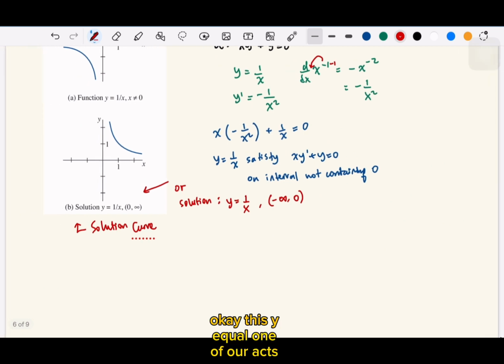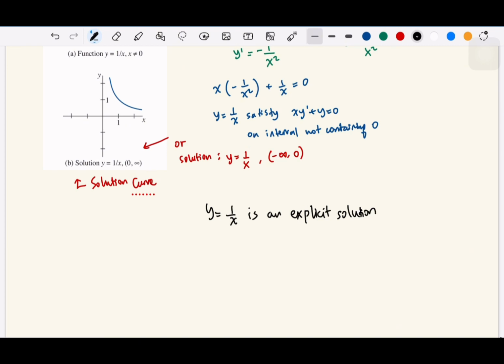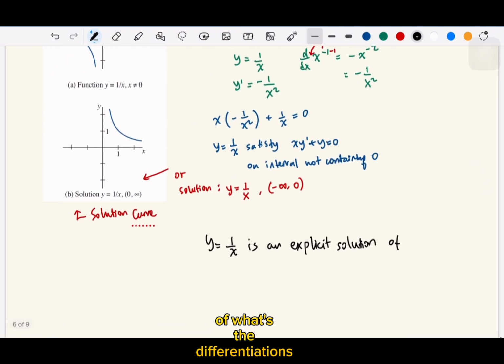Okay, this y equal 1 over x also, in terms of solution, let me write here, is an explicit solution of the differential equation x y prime plus y equals 0.